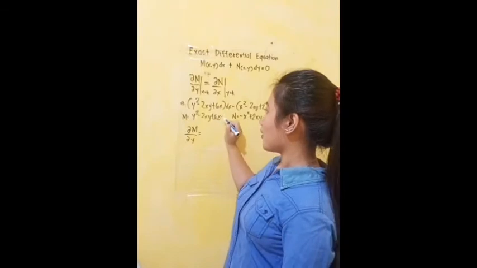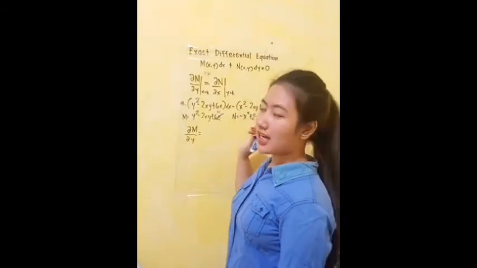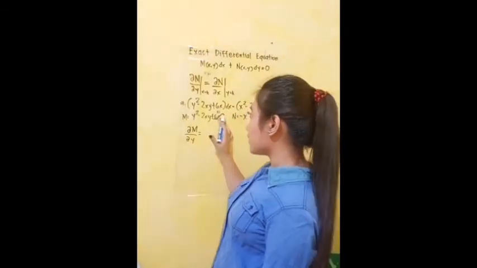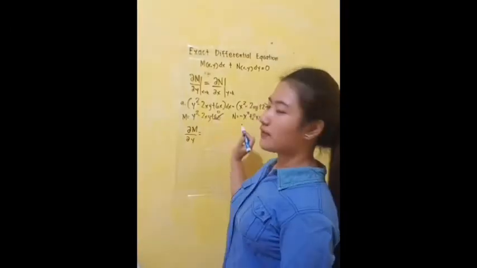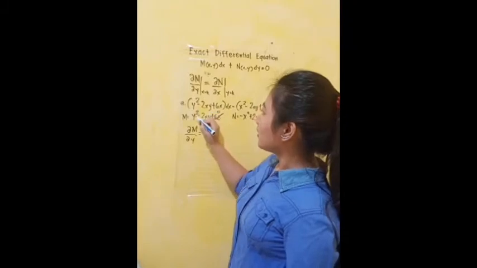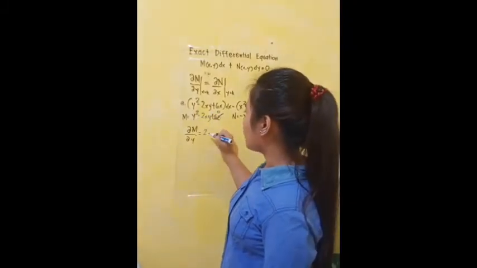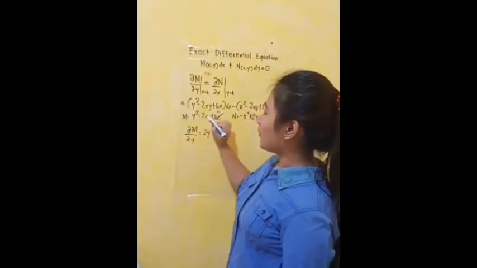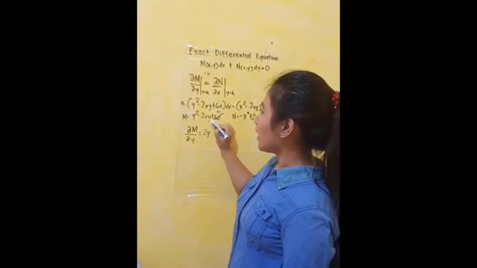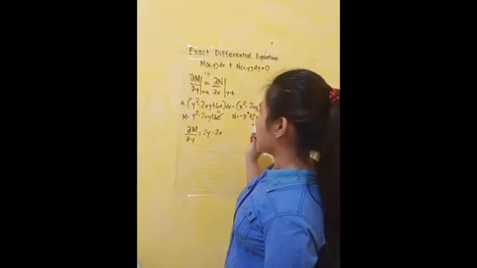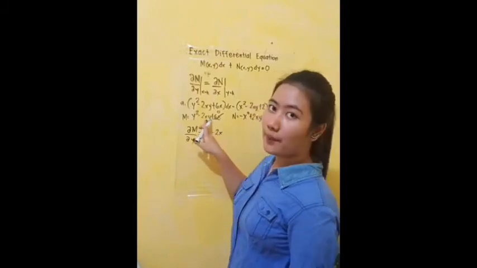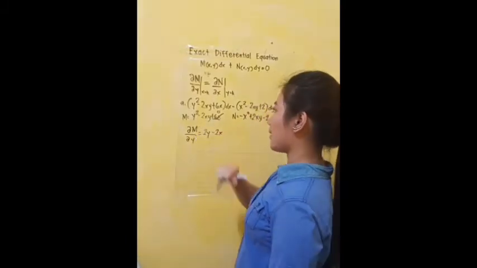So, dito may x tayo, kaya magiging 0 na lang siya kasi ang derivative ng constant ay 0. Tapos, dito kukunin natin yung derivative ng mga natira. So, ang derivative ng y squared ay 2y. Derivative ng negative 2xy ay negative 2x, kasi, di ba, constant na yung x, kaya kasama na siya.